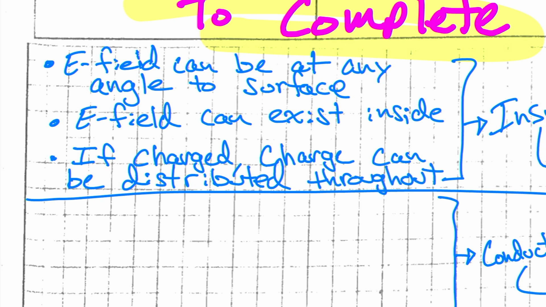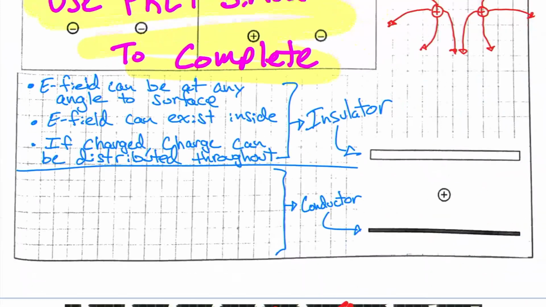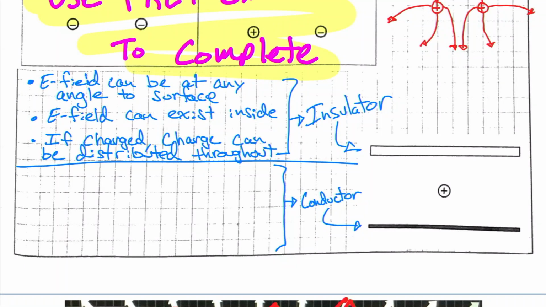So it can exist all the way through. You can have charge in the middle, you can have charge at the edge, but that's only if the insulator has a net charge, which it won't in this case. It's going to be neutral.